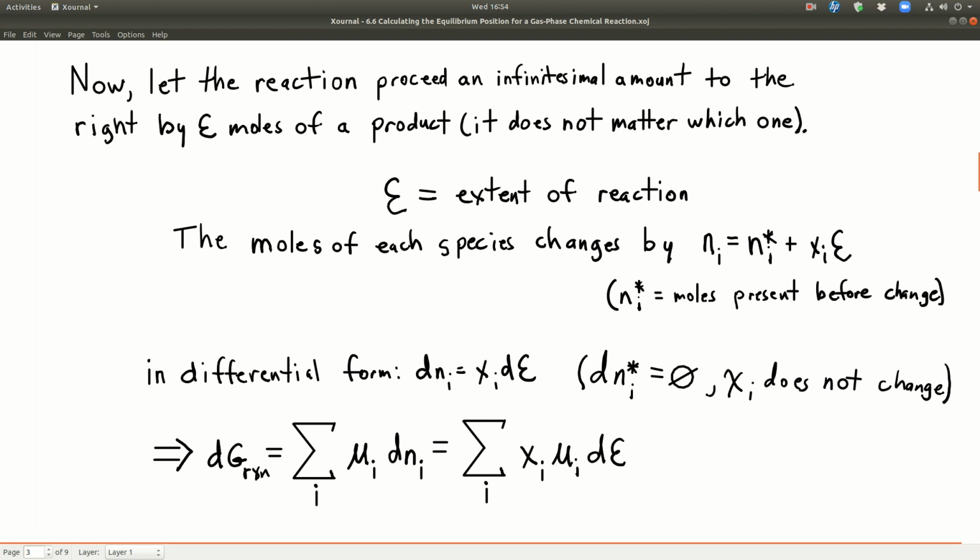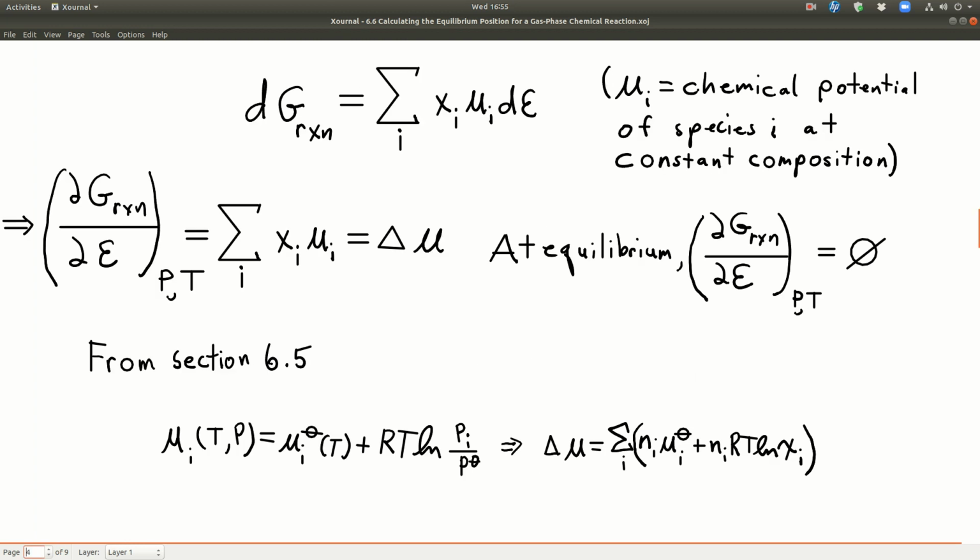Instead of this form, we can replace the dn sub i with what we just showed, and we get this form right there. And just remember, the mu sub i is the chemical potential of that species at constant composition. We talked about that a little while ago.